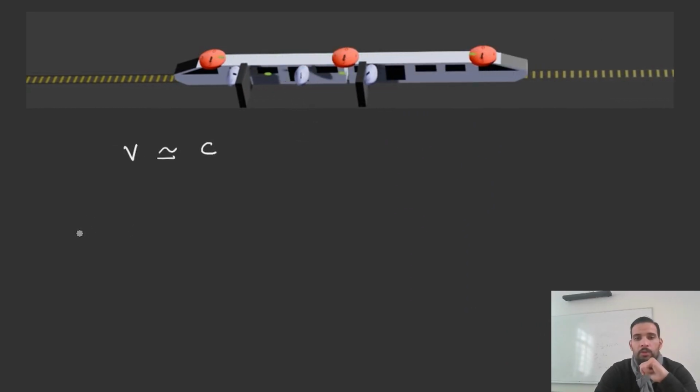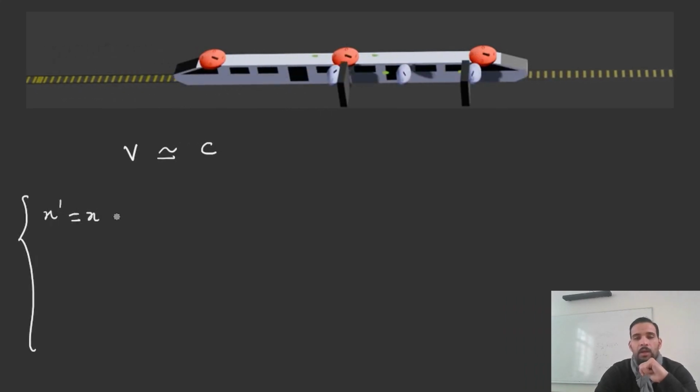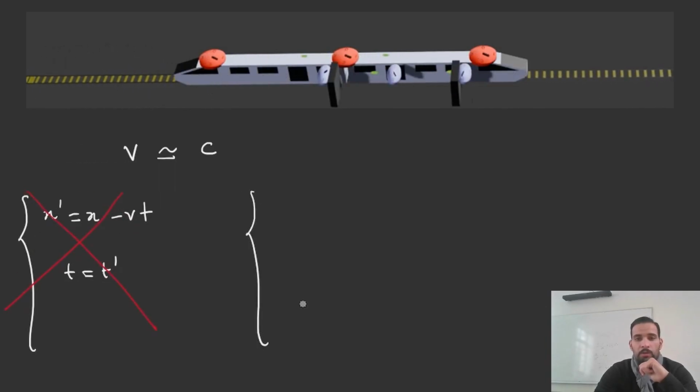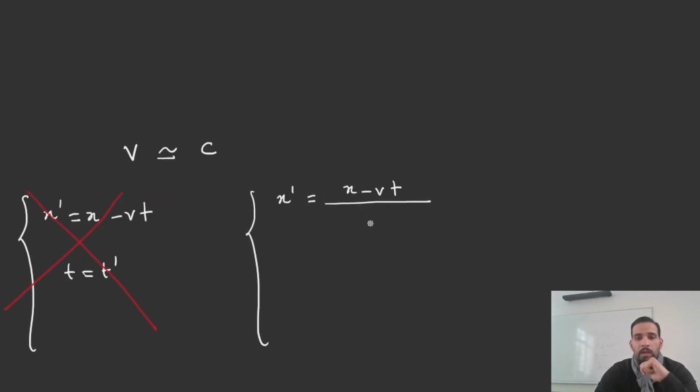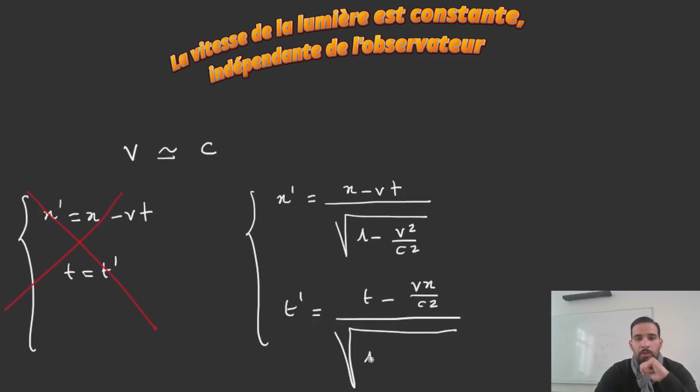However, when the speeds approach that of light c, the Galilean transformations become invalid. This is where the Lorentz transformations come into play, as they adhere to the fundamental postulate of special relativity: the speed of light is a universal constant independent of the observer's motion.